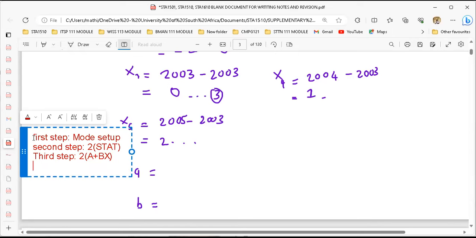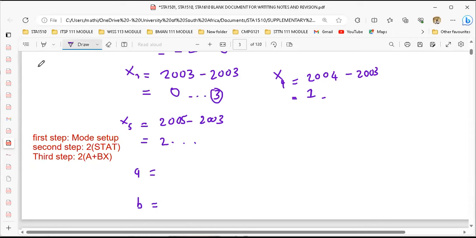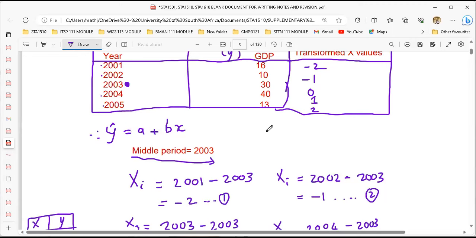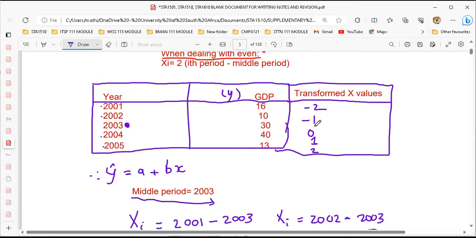You'll see a table. The table will be something like x here, and then y here. That you will see on your Casio or on your calculator. And then now you can enter x values and then y values. Let's enter our x values. We start with -2.